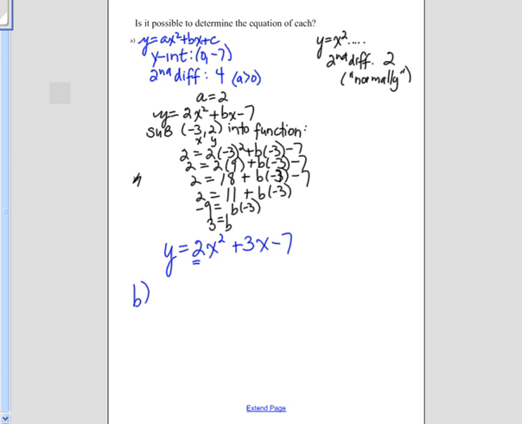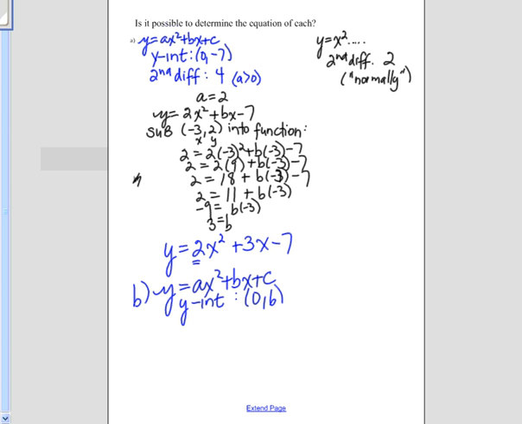B was also a quadratic. So we know it is going to look like y equals ax squared plus bx plus c. We look back on our table of values, the y-intercept. I like the y-intercept. And that will give us our c value for the equation of our quadratic.